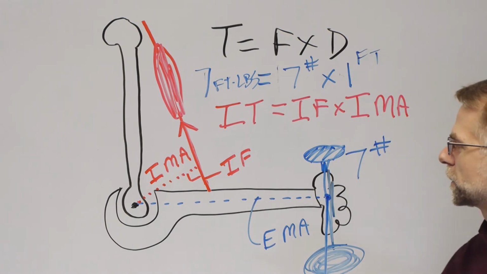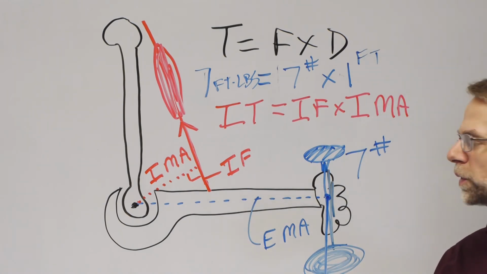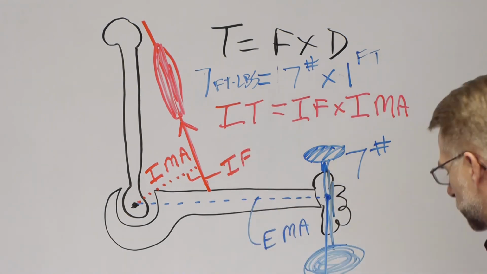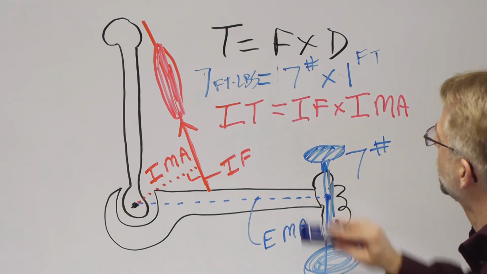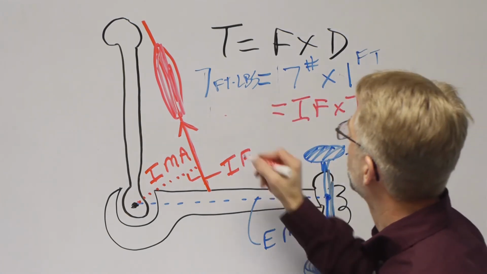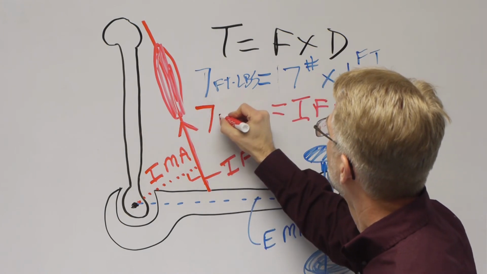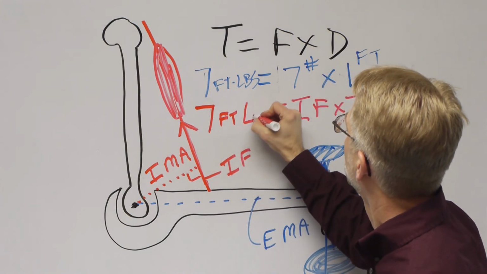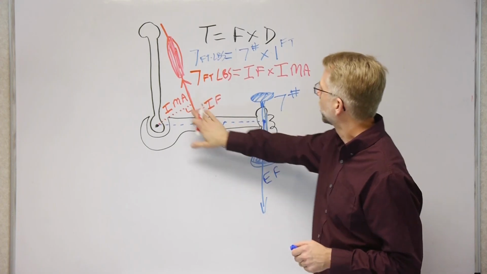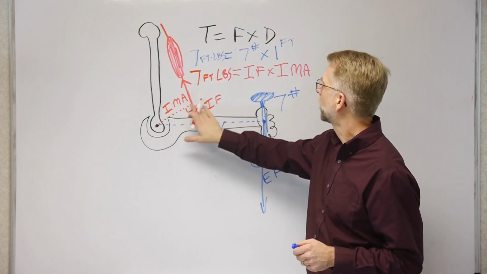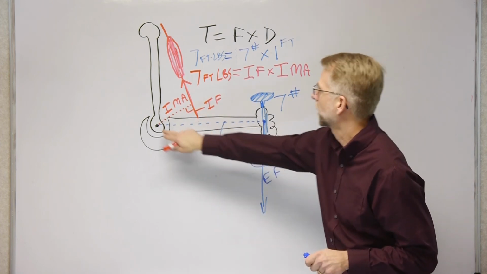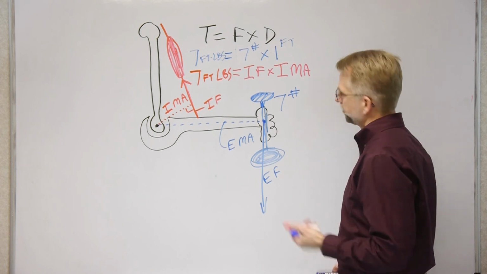Now let's say we want to just manage to hold it there so it's not moving, not coming up, not going down. Then we have to have an internal torque that matches that. So our internal torque is also going to be 7 foot-pounds, all right. Our internal moment arm is kind of already determined just by the nature of how this attaches and the angle of the joint.